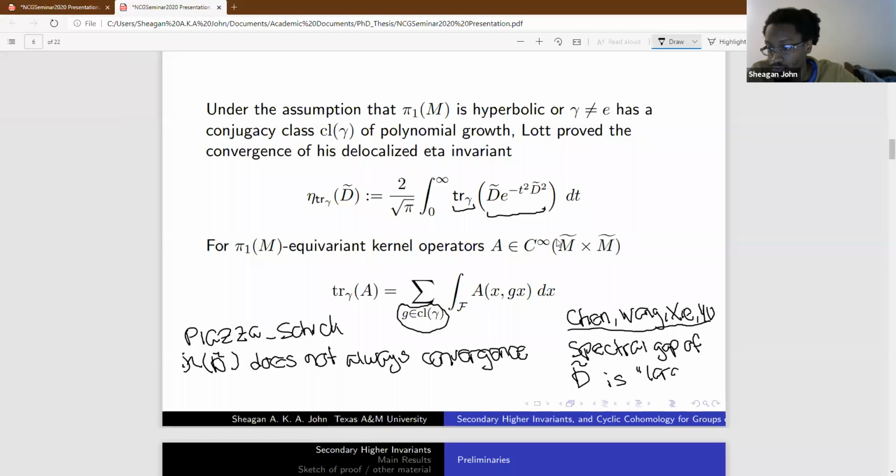So as long as it's sufficiently large, then we don't have to worry about imposing any sort of conditions on our fundamental group.